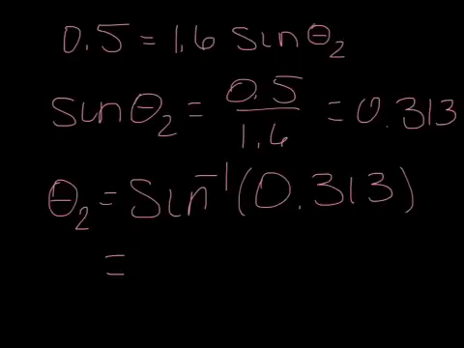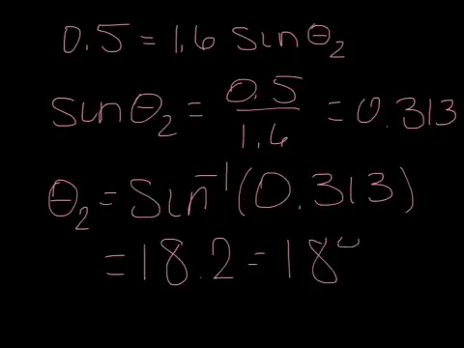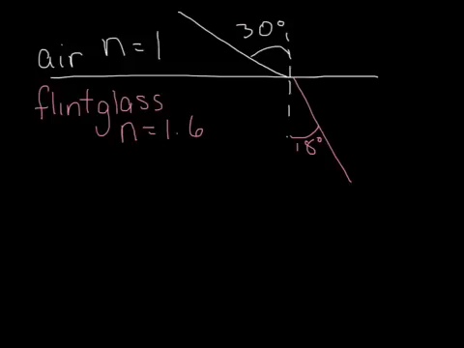And that gives us an angle of 18.2, but I'm just going to shorten it down to 18 degrees. So what does that look like? So we know now at our interface of the air and flint glass, the angle of incidence is 30 on the air side, and it's refracted 18 degrees.